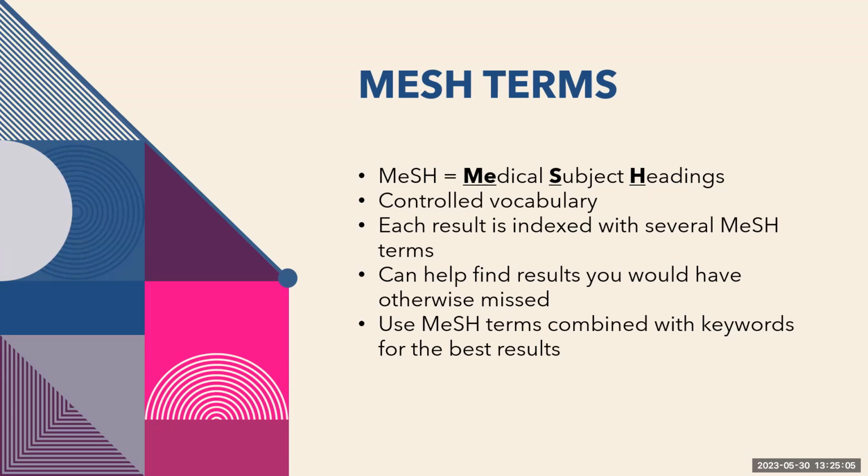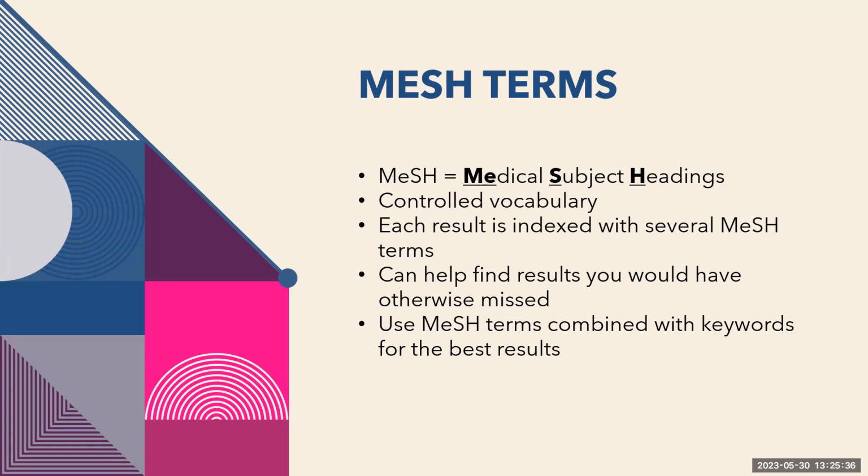Also, human error is a thing, it is possible that something was indexed incorrectly. If you're including keywords, that can give you a fail-safe there. So hopefully, even if it wasn't indexed correctly, it does have a good descriptive title and or abstract.